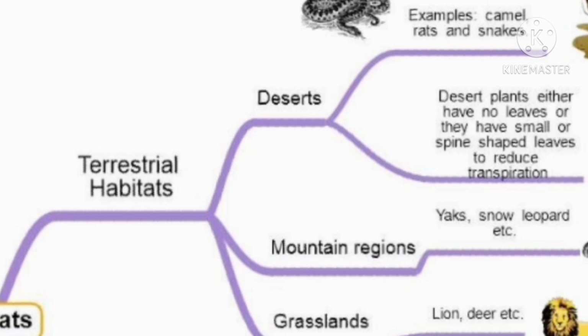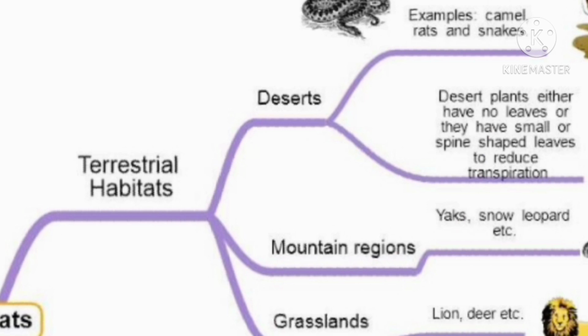In those circumstances, how do living organisms survive? We will find that in the desert, for example, camels, rats and snakes. We will learn about the characteristics of camels, and how they survive in the desert region. Desert plants either have no leaves or have small, spine-shaped leaves to reduce transpiration.